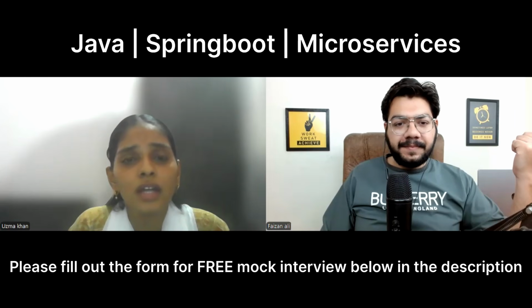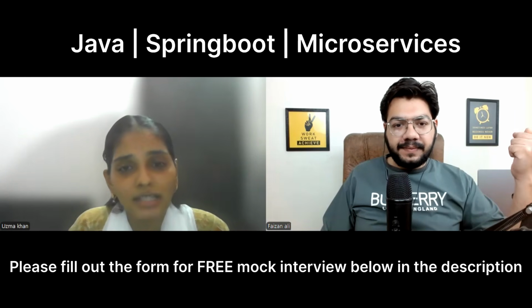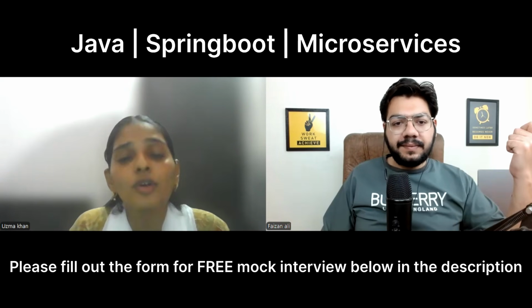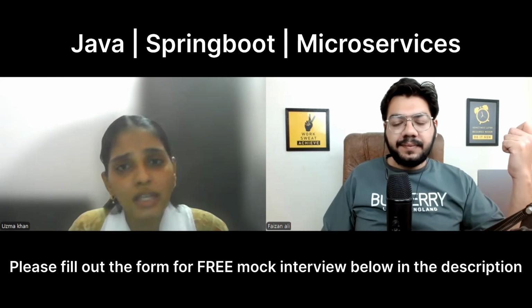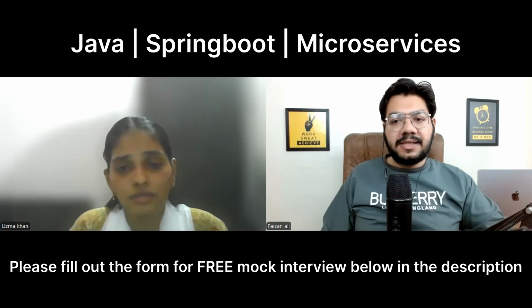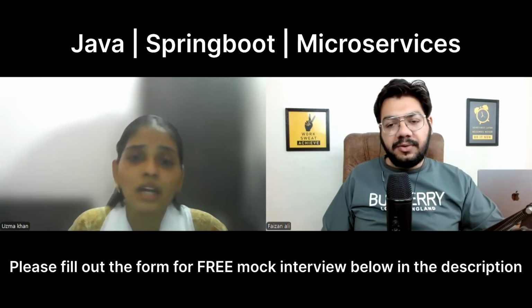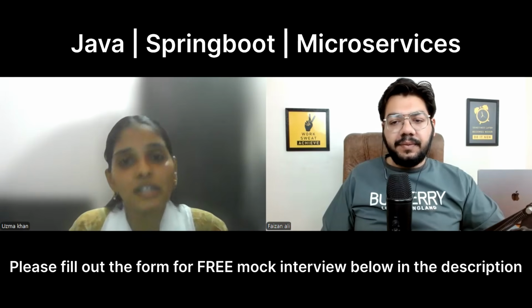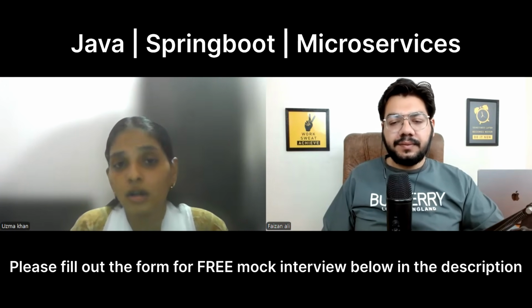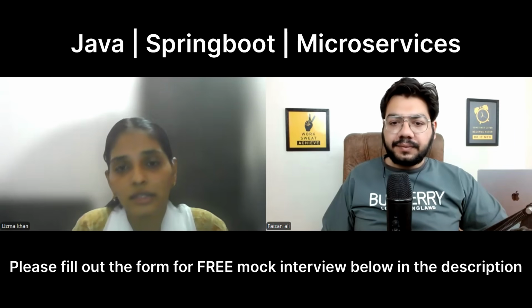Whenever we work in POM XML, first we go to Spring Initializr and add the dependencies. From there we can select Undertow or Jetty, whichever dependency we need. First we have to exclude Tomcat, right? Then include the other. Yeah, if we are starting from scratch and want to use Jetty or Undertow.